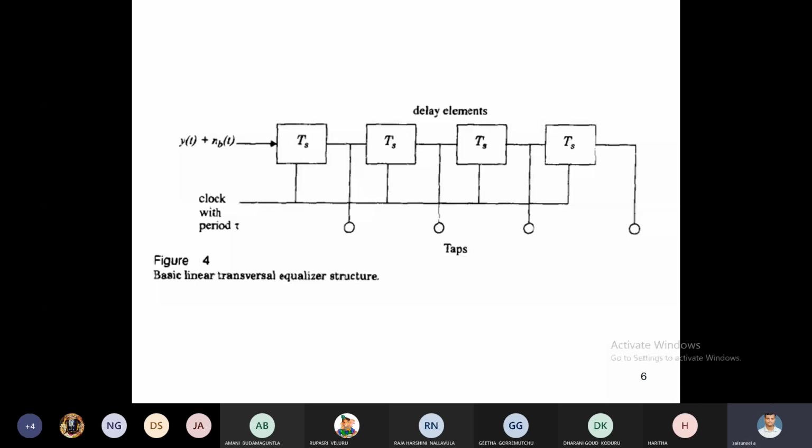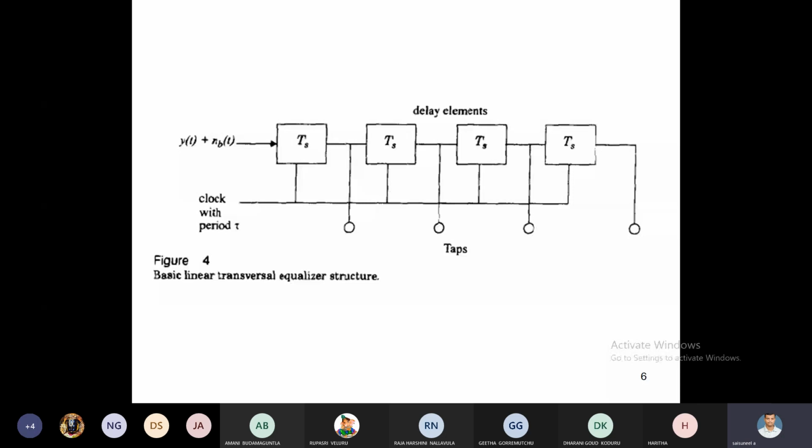These delay elements work with a clock period tau, which we have to adjust. The number of filter sections is based upon the delay elements, each filter stage removing ISI. Finally we get a good output signal, which is compared with the input signal.